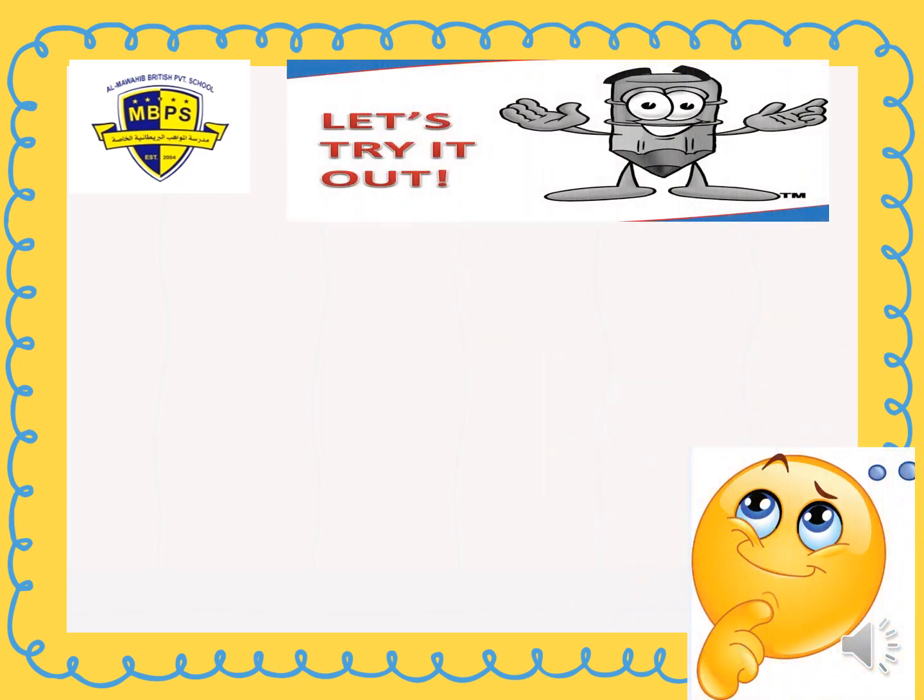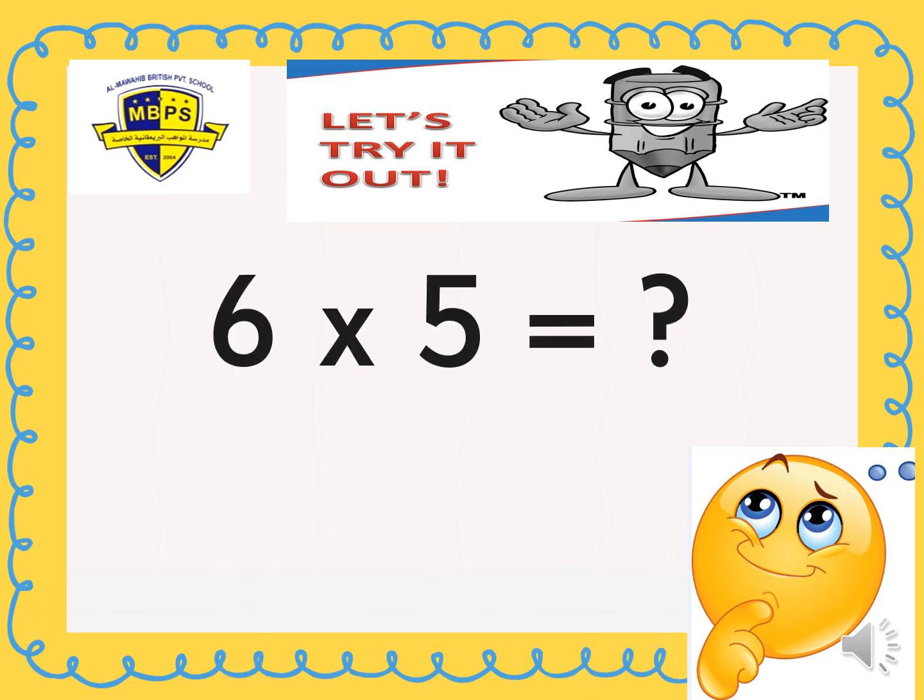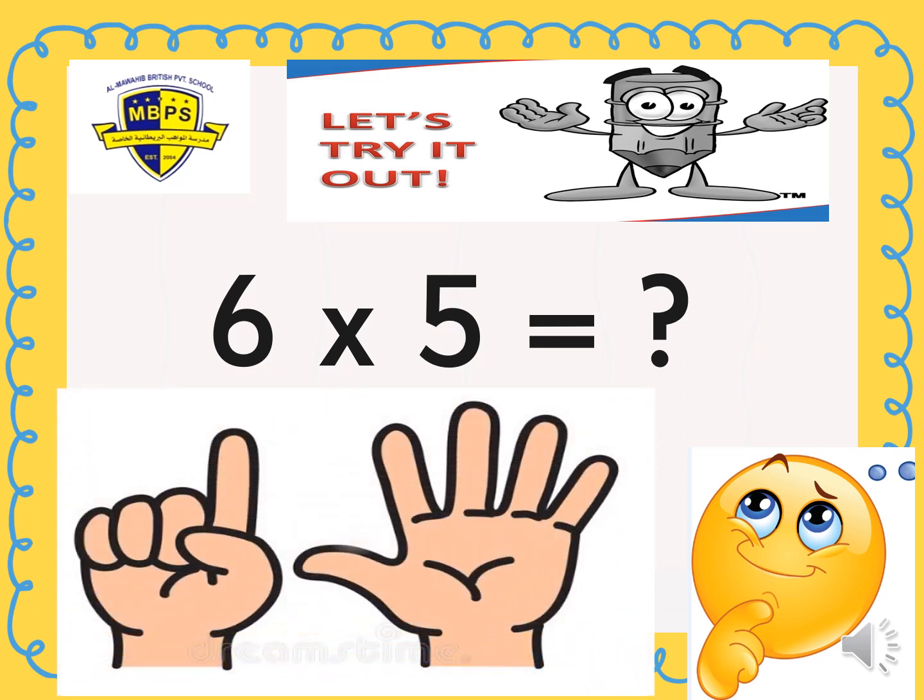Let's try one more. 6 multiplied by 5 equal what? Try to think. Use a skip counting and you can find the answer. I can help you. Open 6 fingers because we said 6 multiplied by 5.